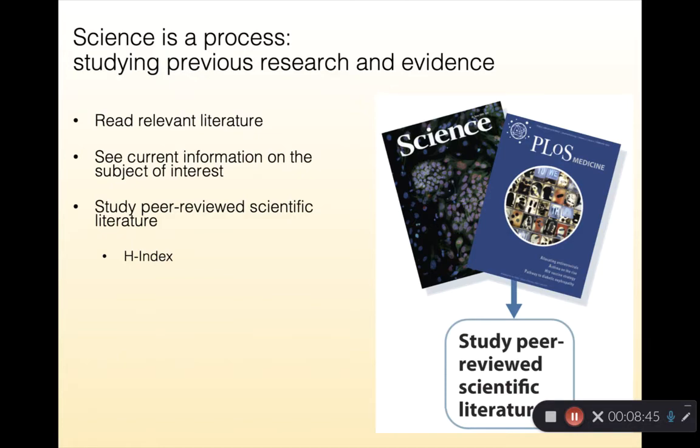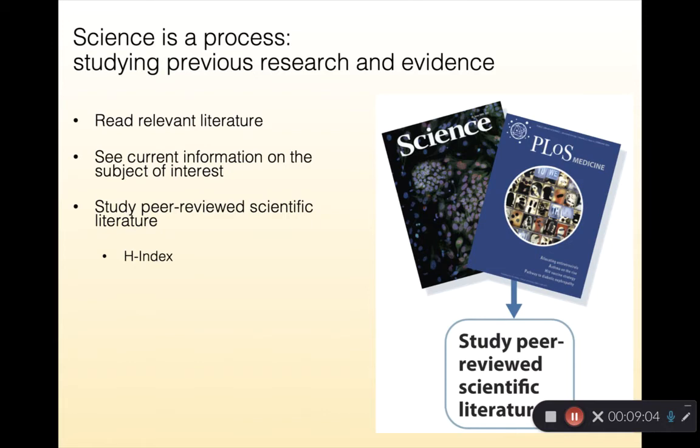Another way to think about scientific literature is looking at something called the impact factor of different journals. This is basically a score of how many times a paper submitted to one of these journals is likely to be cited by somebody else.